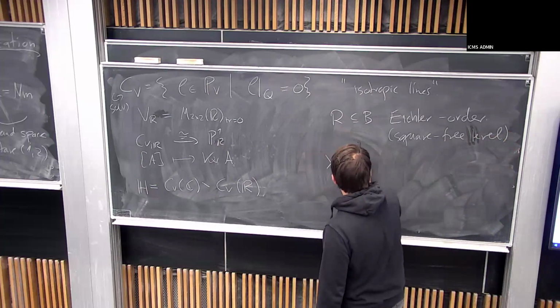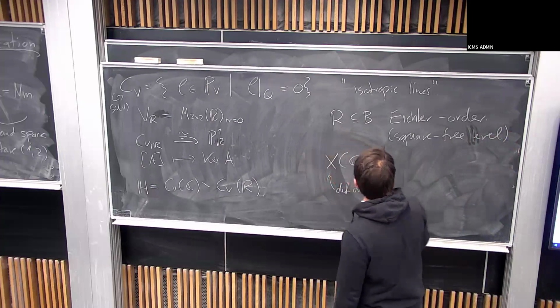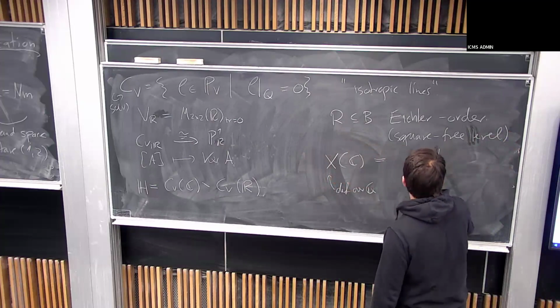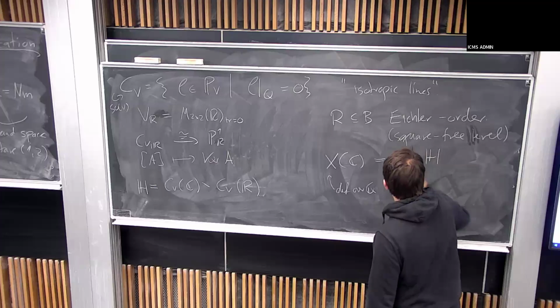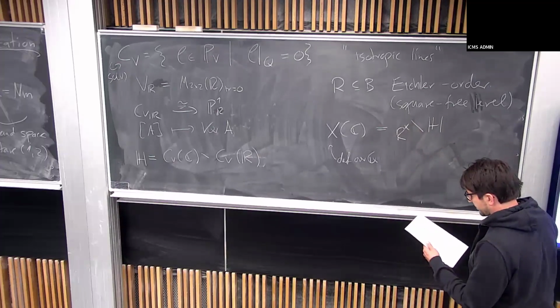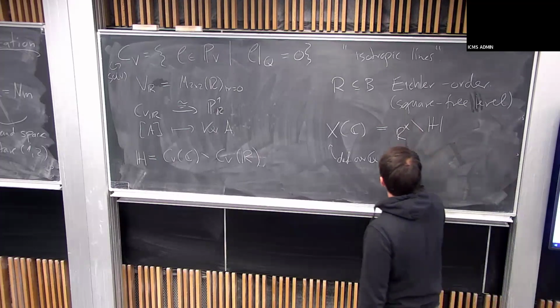So this will be some curve X defined over Q, and its C-valued points will be this H divided by the units of R. That's the kind of Shimura curve I want to consider.